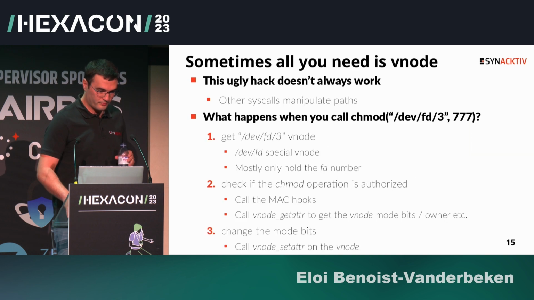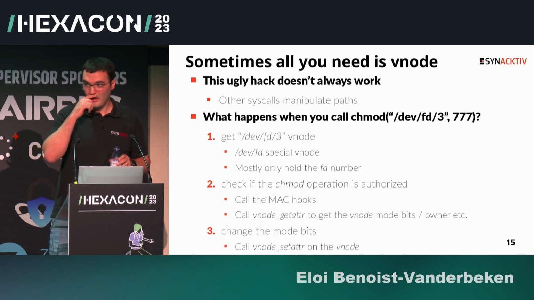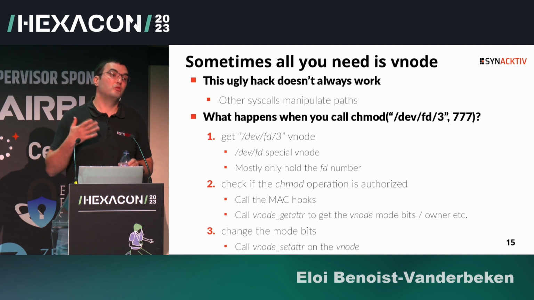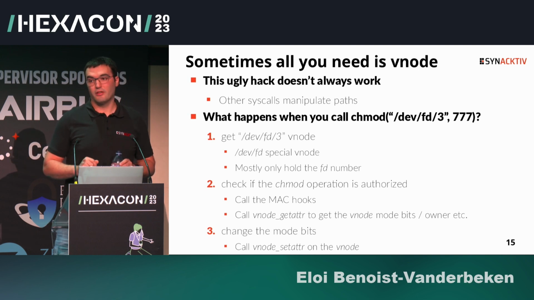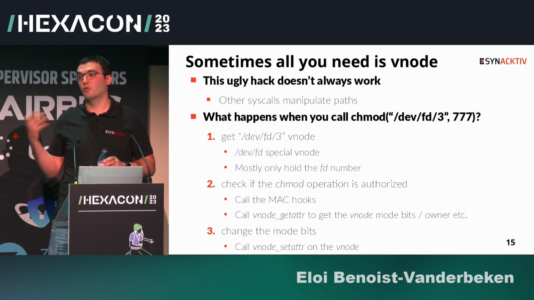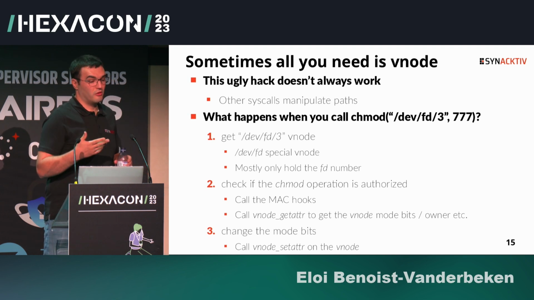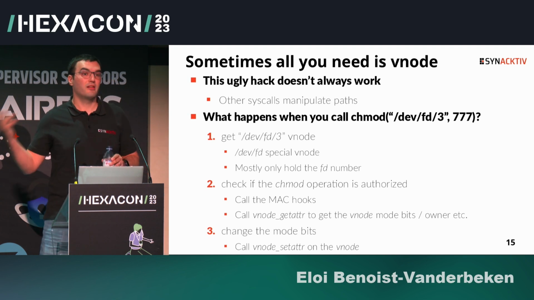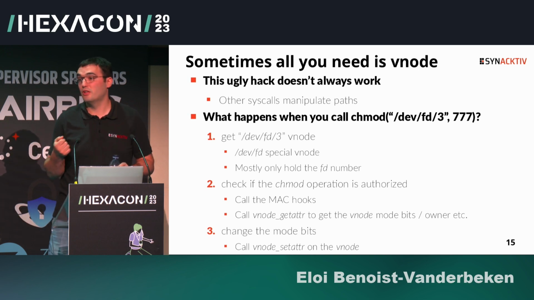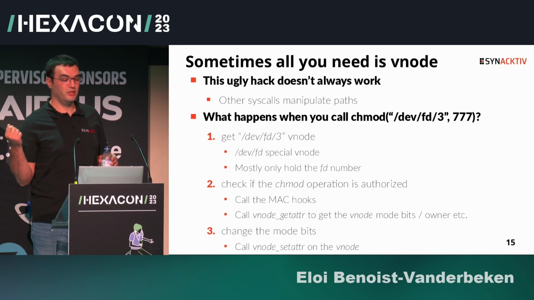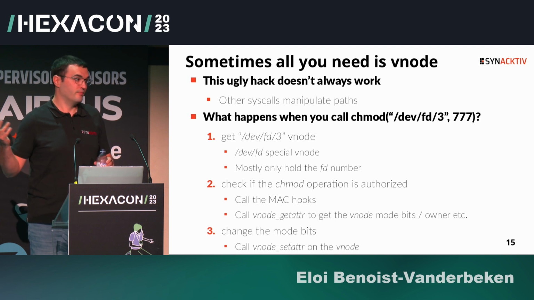But actually, sometimes you do need a vnode, because this ugly hack doesn't always work. There are other syscalls manipulating paths and not FDs. So for example, what happens when you call chmod on a devfd file?